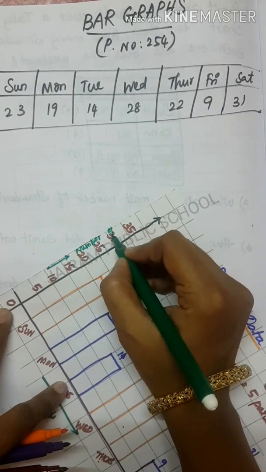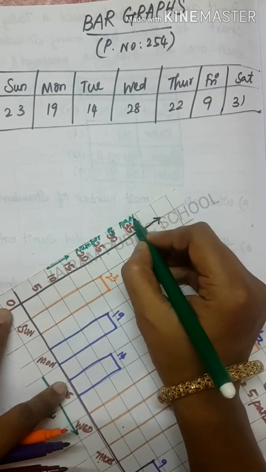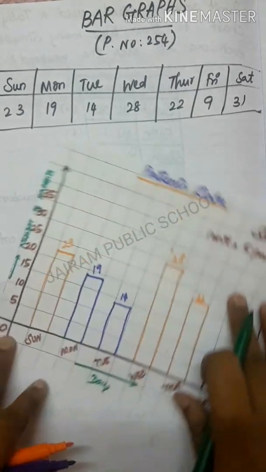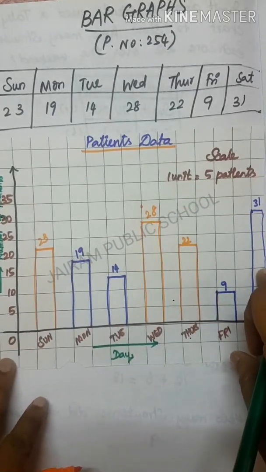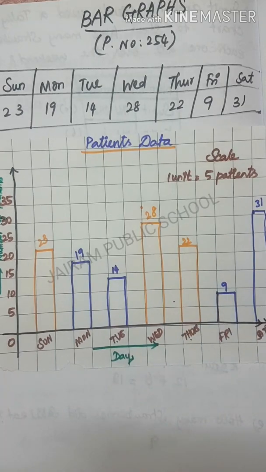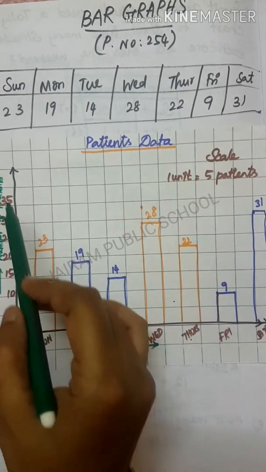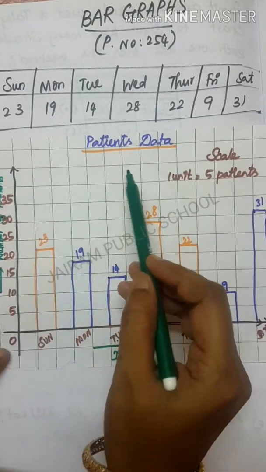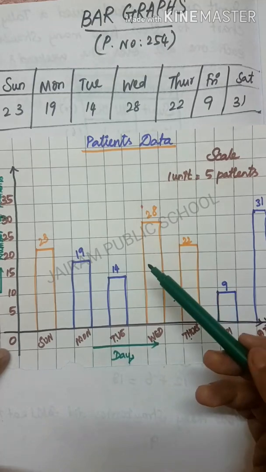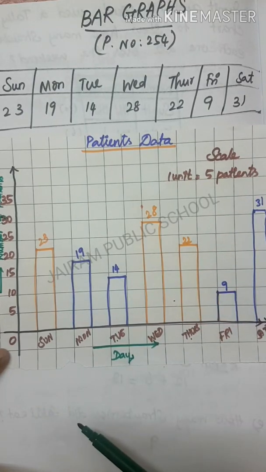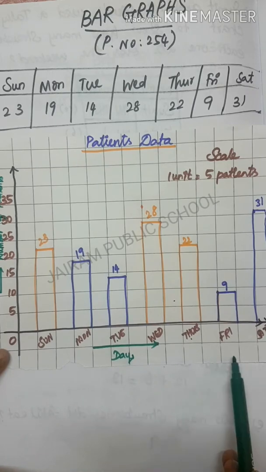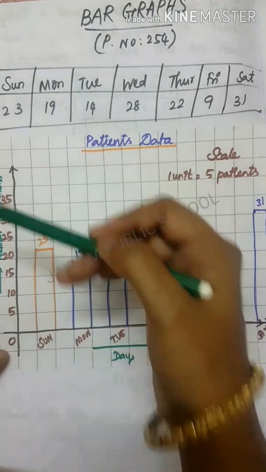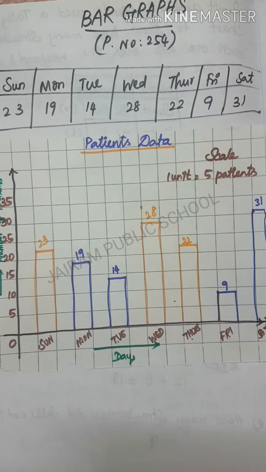Keep in mind students, if the question is about bar graphs or bar diagrams, first you should draw the horizontal line and vertical line, then give the proper title for the given question, then write the scale and mention what data you are taking in the horizontal line and what data you are taking in the vertical line.